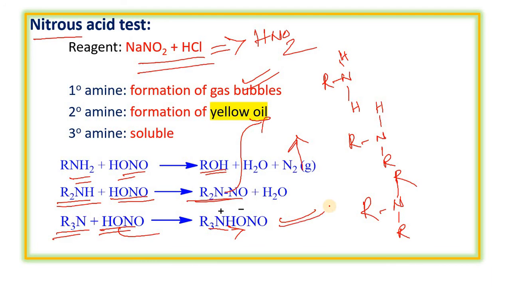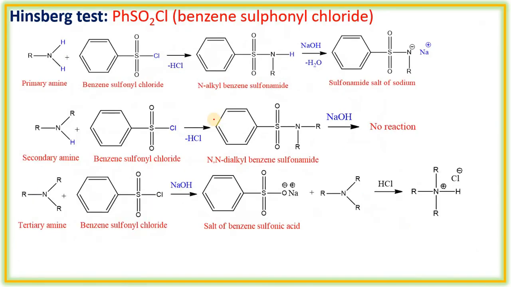The salt is soluble in nitrous acid. So, by using nitrous acid test, you can easily distinguish which one is primary, which one is secondary, which one is tertiary. In case of primary, there is a formation of gas bubbles. In case of secondary, there is a formation of yellow oil. If the compound is soluble, then it will be tertiary amine.